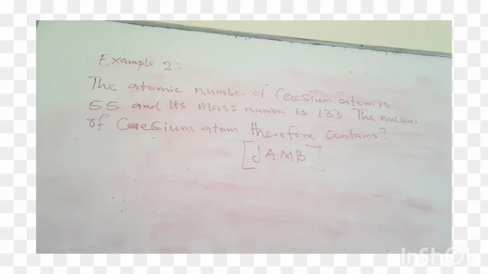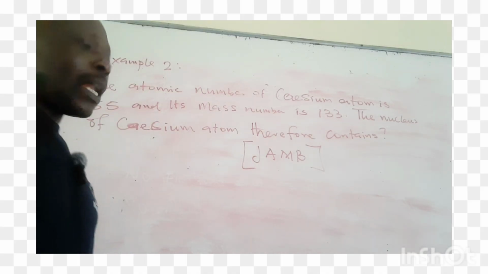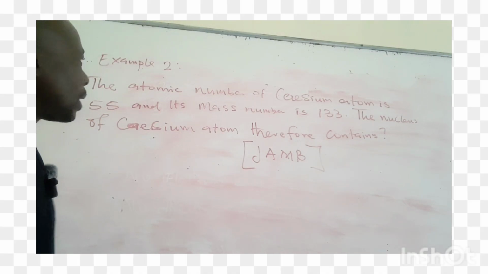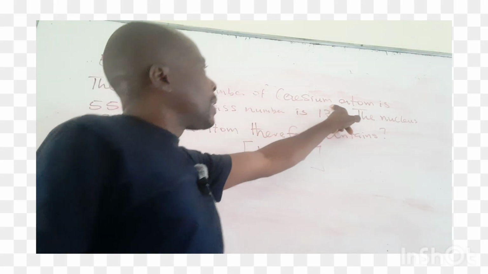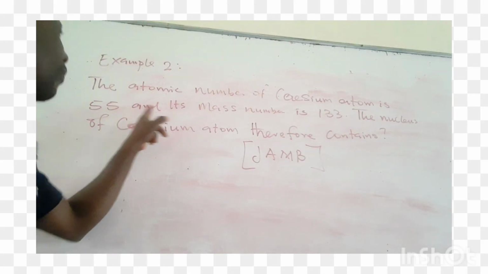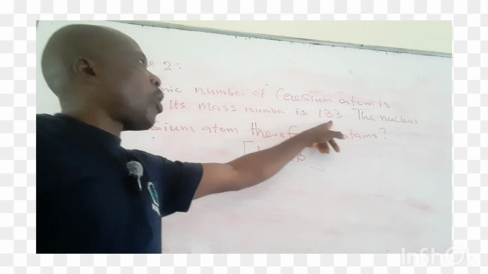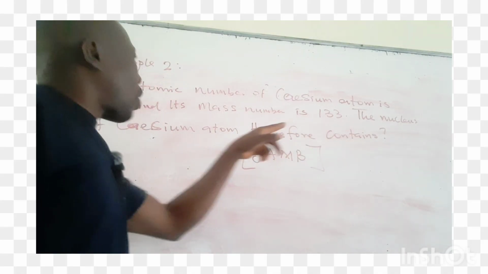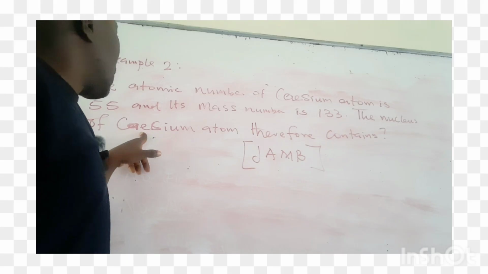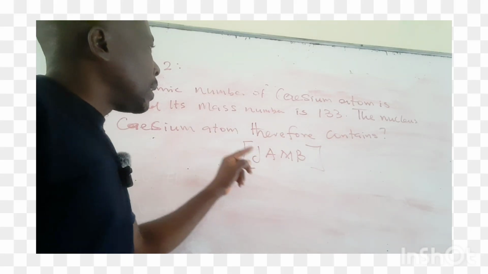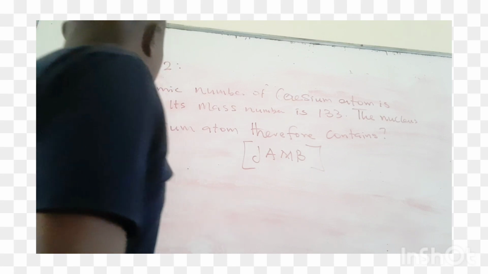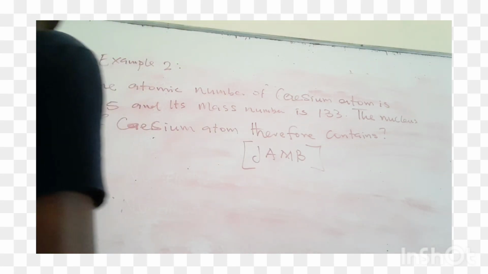I don't know the specifics here. Now let's look at this question. The atomic number of a cesium atom is 55 and its mass number is 133. The nucleus of a cesium atom therefore contains.